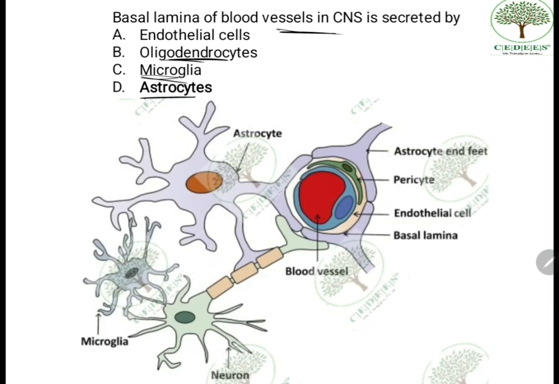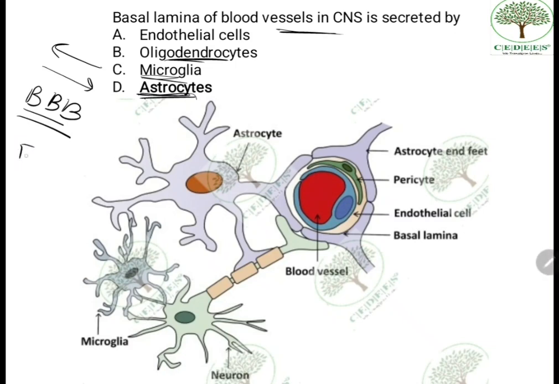The oligodendrocytes are very important to form the myelin sheath of the nerves, and microglia act as phagocytes. Now our astrocytes, a very important cell of our CNS, basically serve as a control over the blood-brain barrier, or check the transmission of substances to and from the blood-brain barrier.